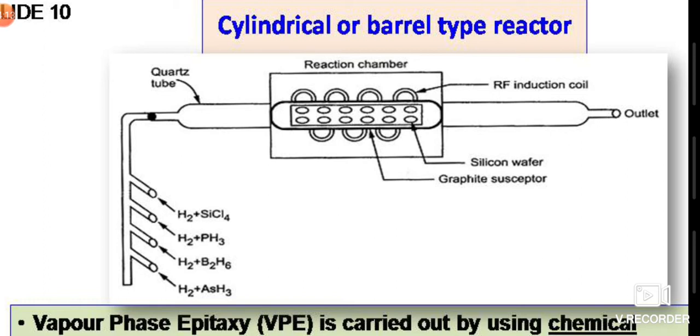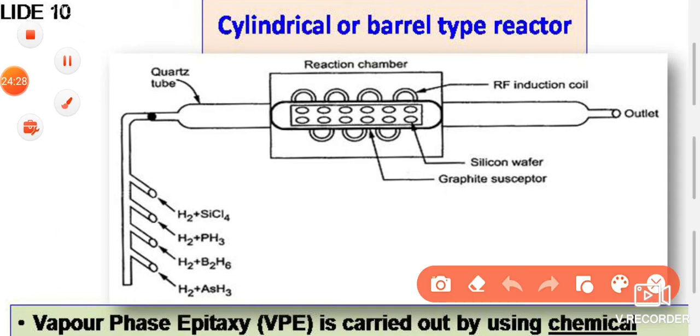And here in the epitaxial method, hydrogen is the carrier gas we have to use. So phosphine, PH3, as you can see in the figure, also called hydrogen phosphide, chemical formula PH3, can be used to make an N-type epitaxial layer over the silicon substrate.